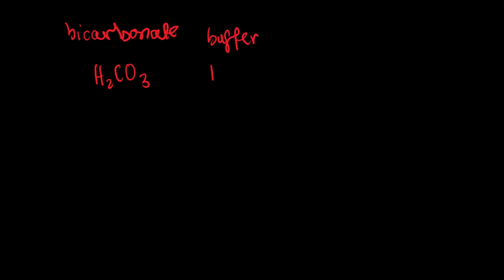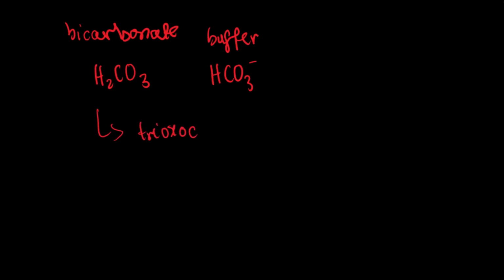Okay, so let's take a look at an example of a buffer system. Now, in the extracellular environment, a good example of a buffer system is the bicarbonate buffer system. Now, the bicarbonate buffer system is made of carbonic acid and the bicarbonate ion.